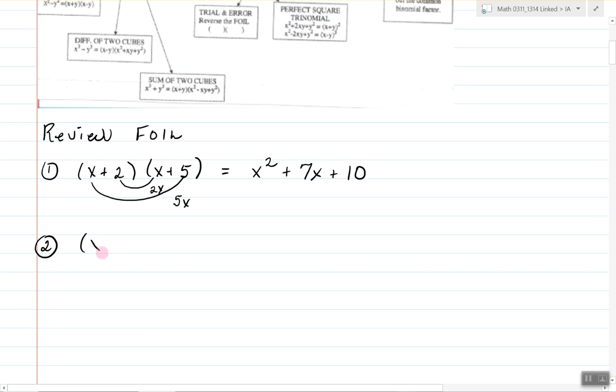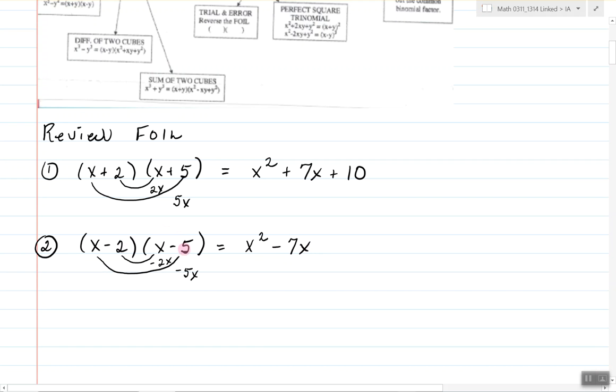Suppose I have x minus 2 times x minus 5. I will get product of the first, x times x is x squared. The outer product is negative 5x. The inner product is negative 2x, which gives me negative 7x.